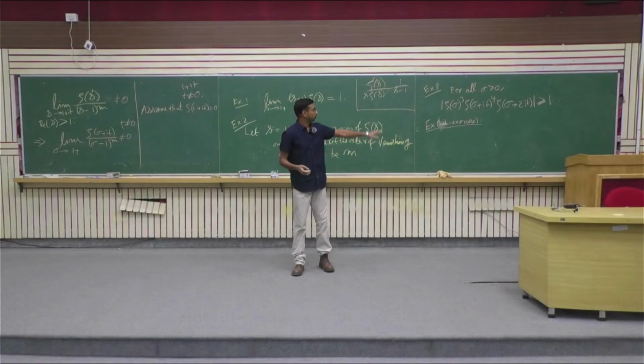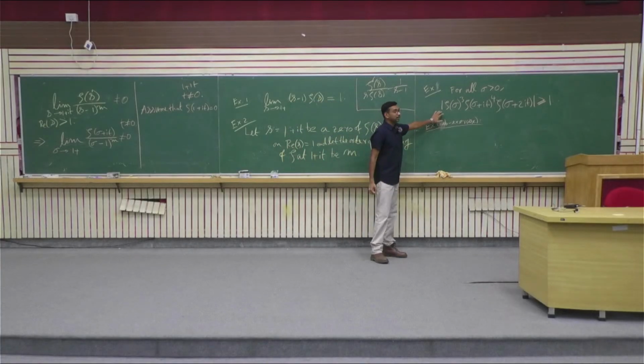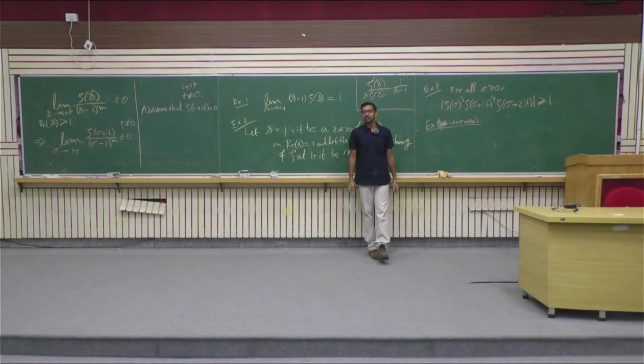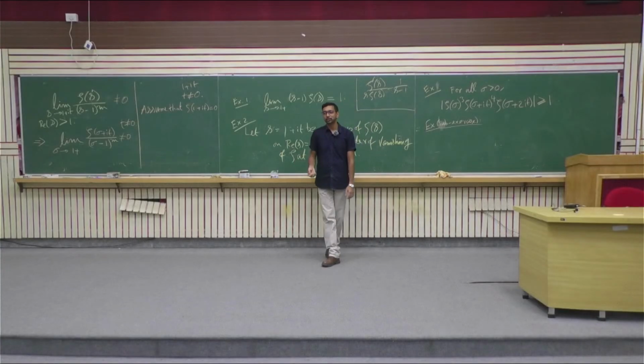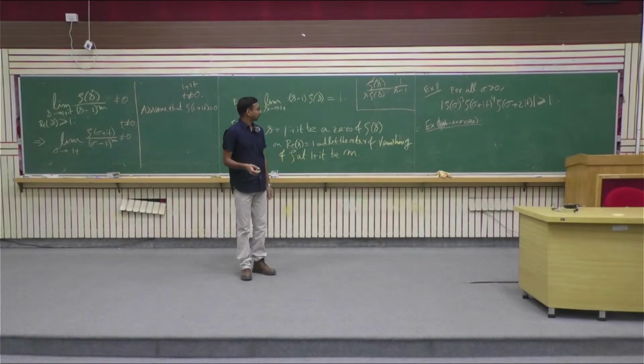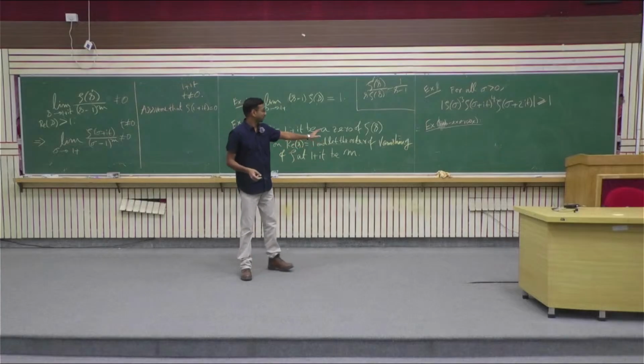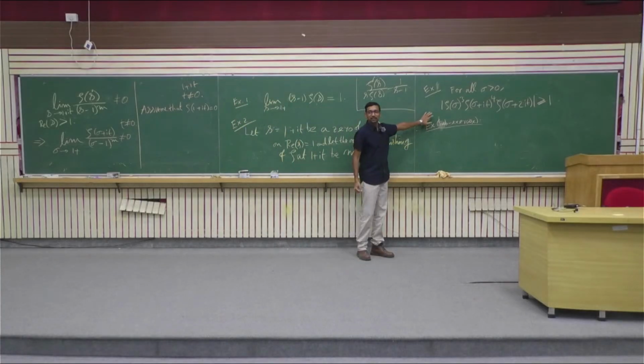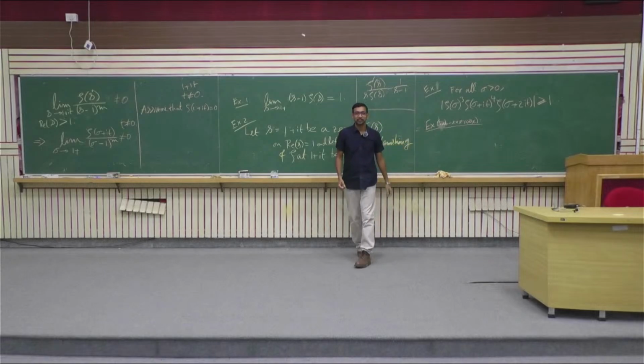I mean, if you could prove this, then that would imply that zeta is non-vanishing on the line real part equal to 1. And let's do that part first, right? That is, let's assume this and show that this is the exercise that will finish the proof. Okay.